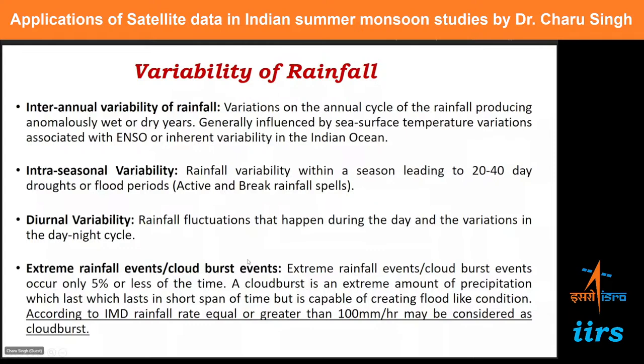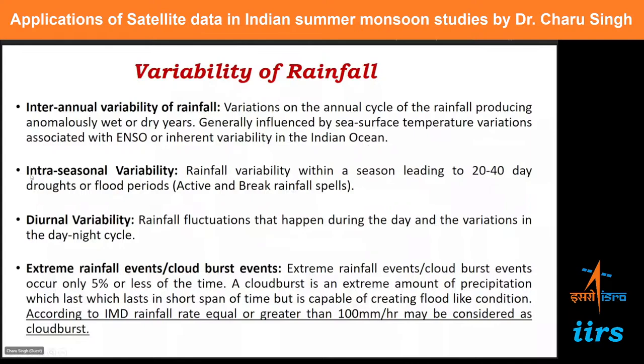We note that there are a few years which are flood years, there are years which are drought years. In between we have several normal years also. These variabilities are forced by sea surface temperature variations, and are associated with ENSO, El Nino Southern Oscillation, or inherent variability in the Indian Ocean. This variability is also governed by the Indian Ocean dipole.